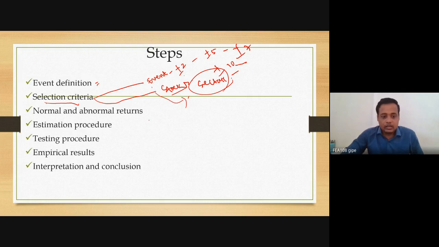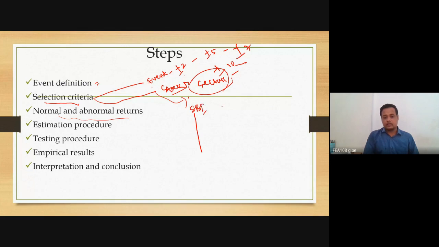Then we come to calculating normal and abnormal return. When we calculate normal and abnormal return, we have one series. Suppose this is our SBI data, and we bring Nifty data to represent the market. So SBI return, Nifty return.